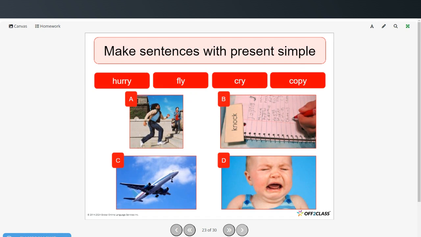So make a sentence with each of these in the present simple. And you can use these verbs. So some possible answers. The man hurries up the steps.